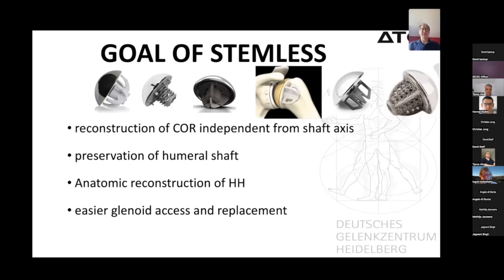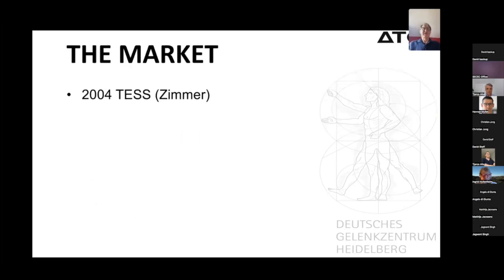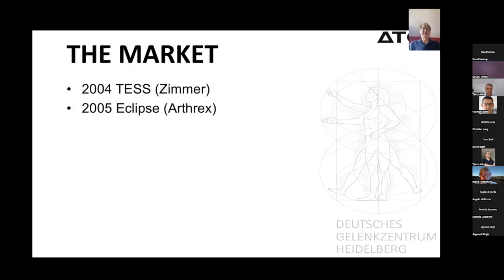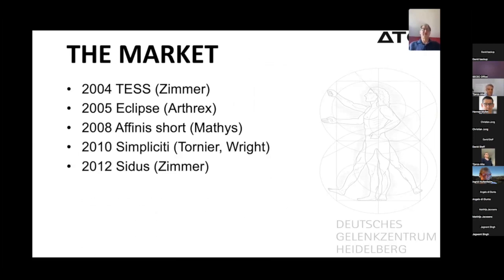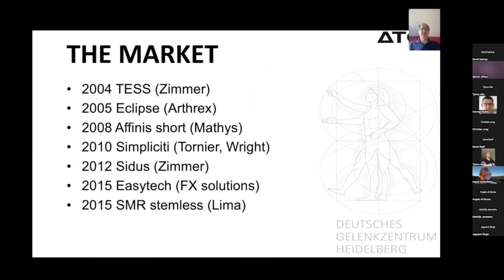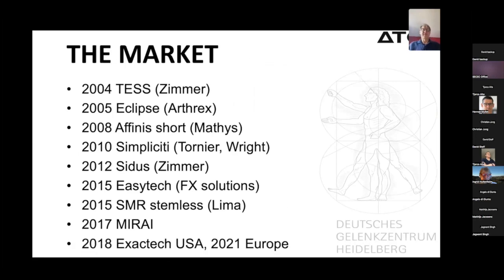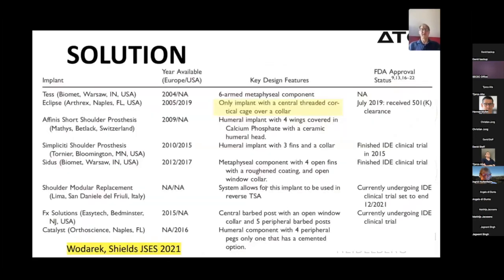And with cutting the humeral head, we would also have better access to the glenoid to replace it. So in 2004, Zimmer started with the TESS stemless arthroplasty, and then in 2005, the Eclipse came to the market, and after that, pretty much all competitors on the market have introduced stemless prostheses.